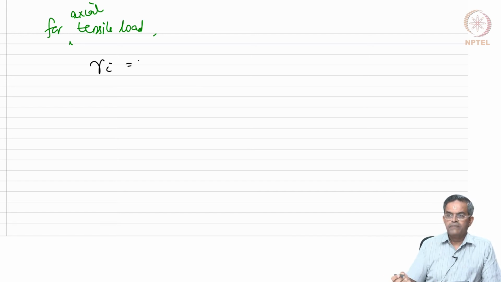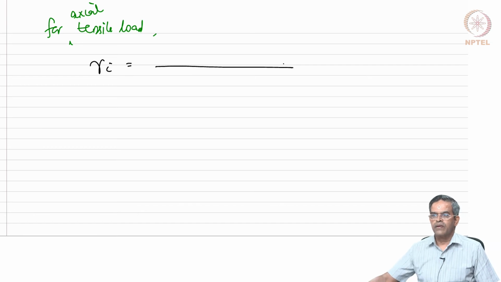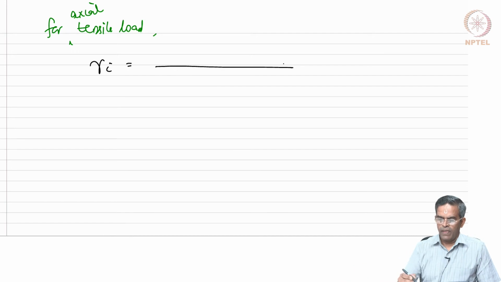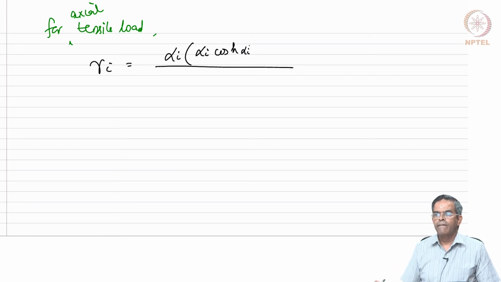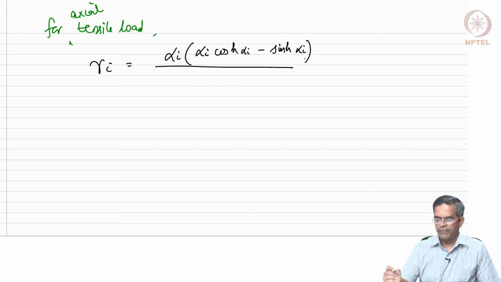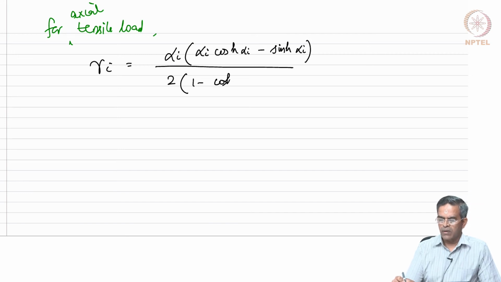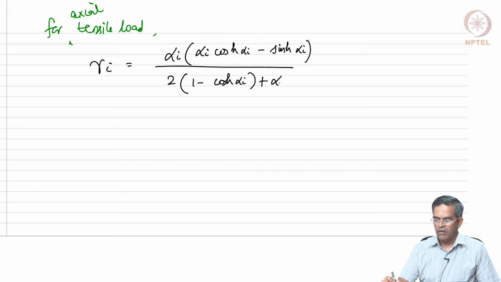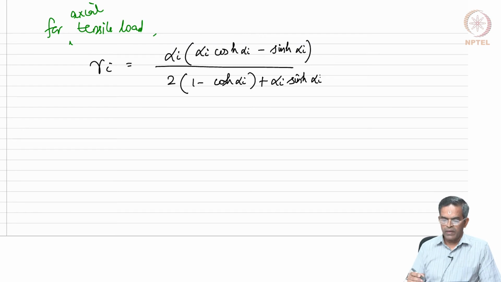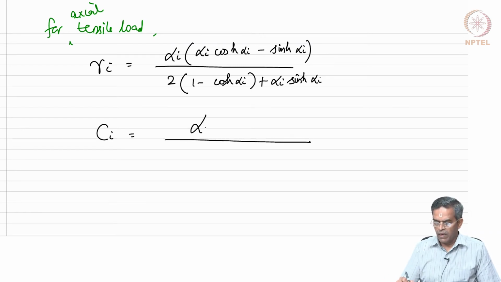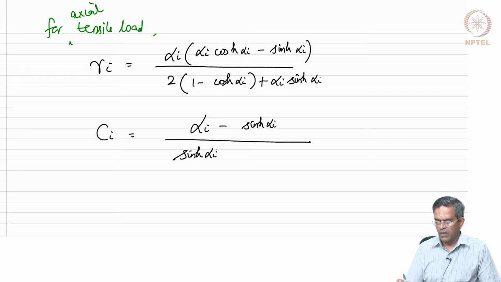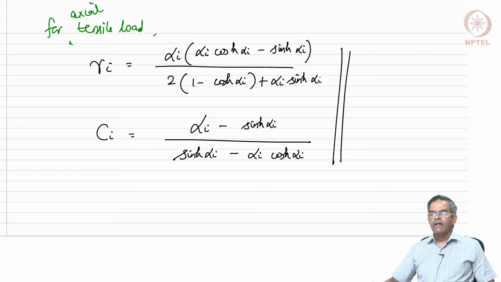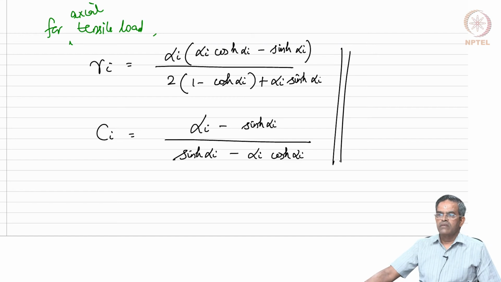We got Ri as alpha I of alpha I cosh alpha I minus sinh alpha I by twice of 1 minus cosh alpha I plus alpha I sinh alpha I, and Ci was found to be alpha I minus sinh alpha I by sinh alpha I minus alpha I cosh alpha I. We got this, isn't it? Okay. So, we use this.